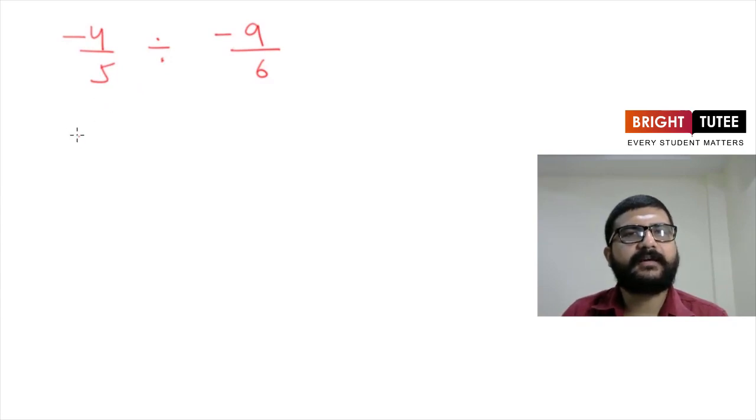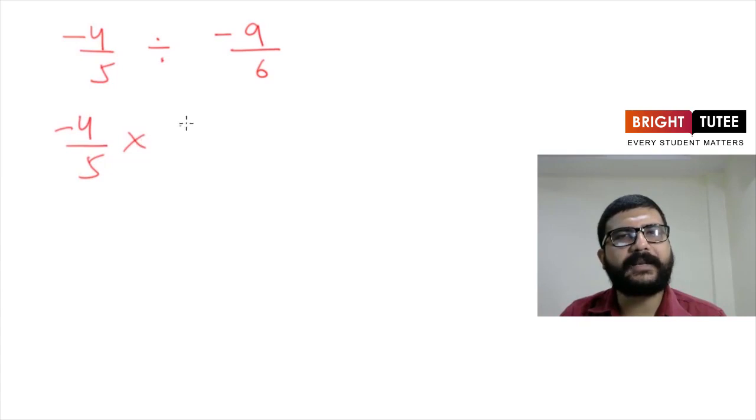Now let's take the numbers as minus 4 upon 5 divided by minus 9 upon 6. Again we keep the first number as it is, that is minus 4 upon 5, then division is changed into multiplication, and then the reciprocal of the second number, that will be minus 6 upon 9. Now what is minus 4 into minus 6? That is 24.